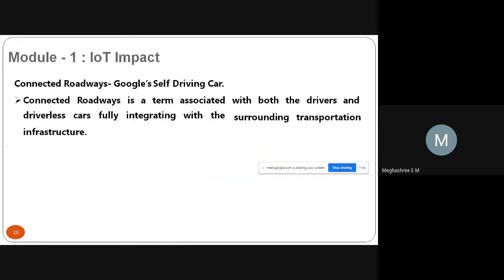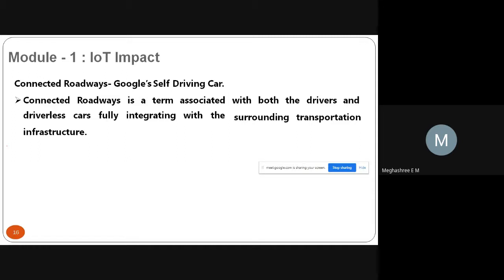Next, we'll see a few examples with respect to IoT. Say, connected roadways. What is a connected roadway? All the transport infrastructure that we have now is connected to the internet.